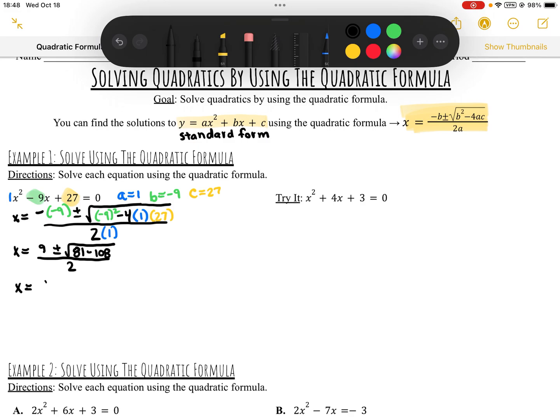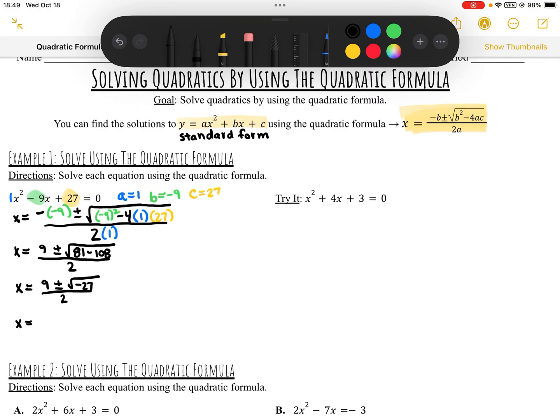I'm going to simplify that radical. 81 minus 108 will give me negative 27. So I have 9 plus or minus the square root of negative 27 over 2. Now 27 is not a perfect square, but there is a perfect square that divides into 27. That's 9. So I'm going to rewrite it as negative 9 times 3.